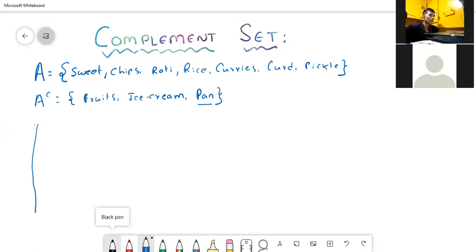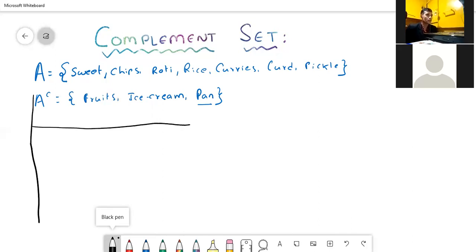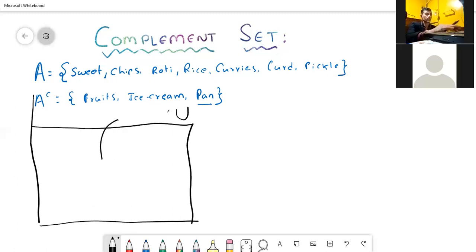For the universal set, we use a rectangle box, and it is denoted with the letter U. And a circle we have to take inside the universal set only.